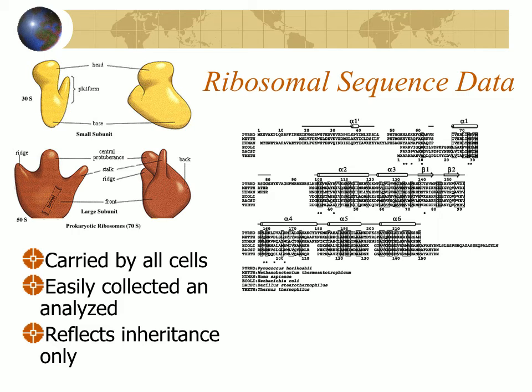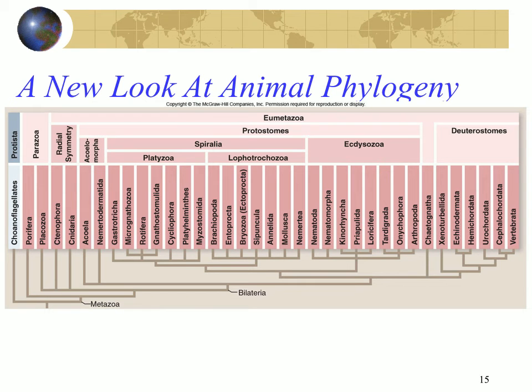And so looking at this, we wind up with an animal phylogeny that kind of divides the animals into these large groups of protostomes and deuterostomes, and then a few other groups that don't have those body cavities or 3 layers or bilateral symmetry, and that's where the hard part comes in.